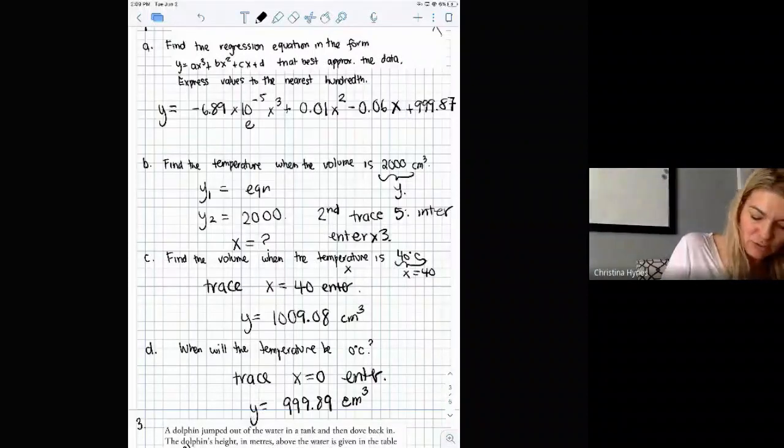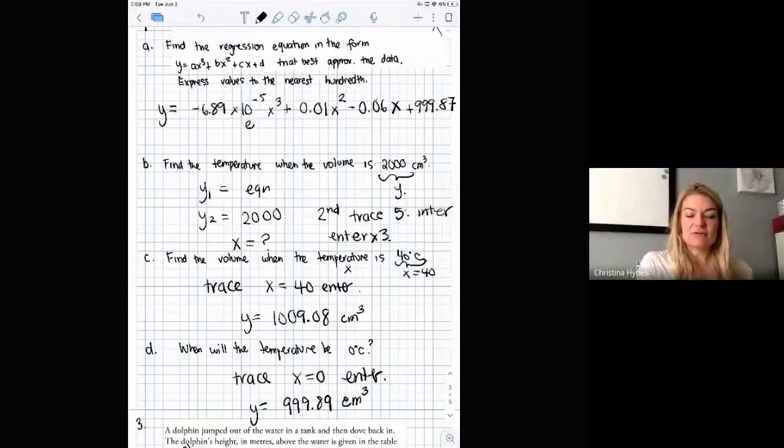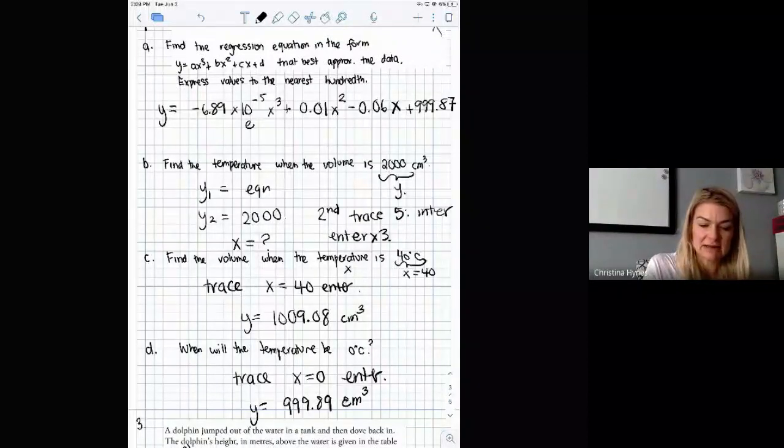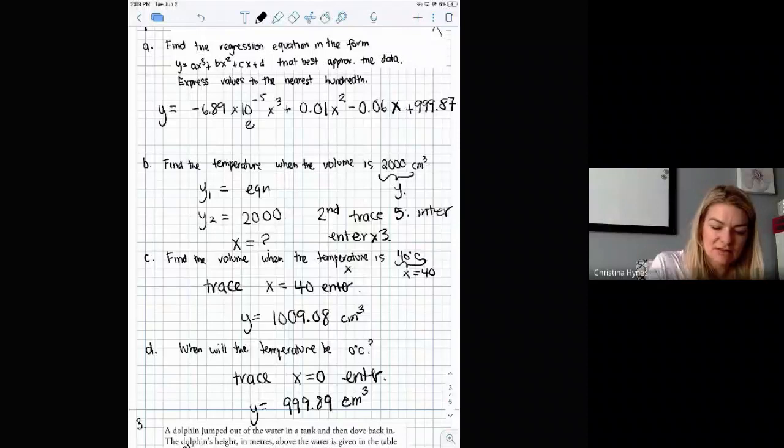So this is the y coordinate. If they ever give you a temperature, put that in for x by going trace, putting it in, enter. I did trace x equals 0, enter, and I get the y coordinate, which is the volume when the temperature is 0 degrees Celsius.